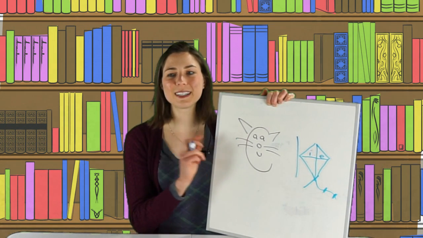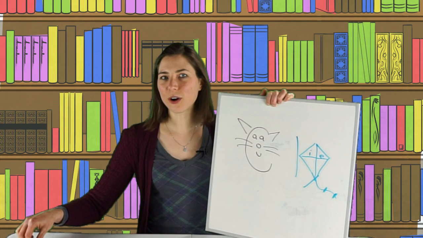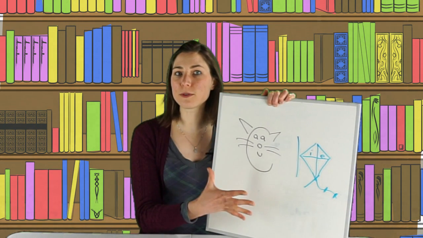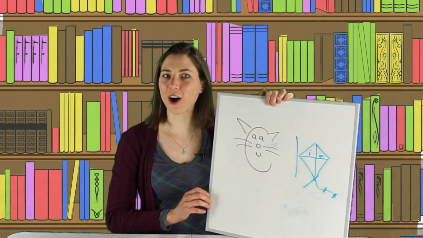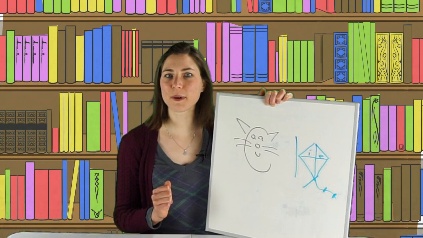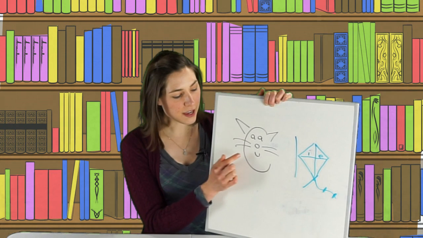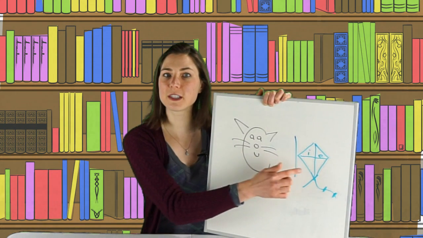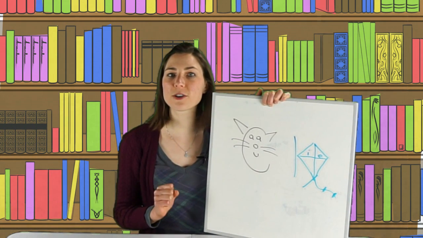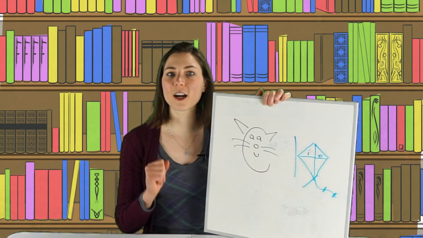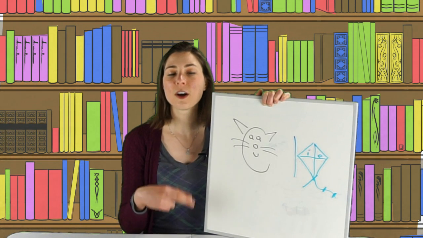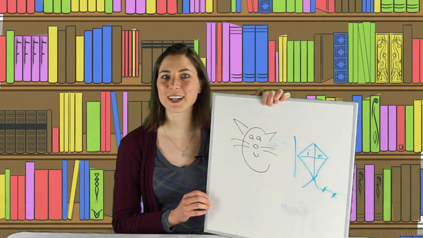Another thing that I really like about this, you don't have to make a huge poster. So after you've taught this, I like to remind my students if they ever need some extra help, they can do a tiny version of these pictures in the top margin of their paper. And that can come in handy for a spelling test or even when they're doing any sort of writing on their own.